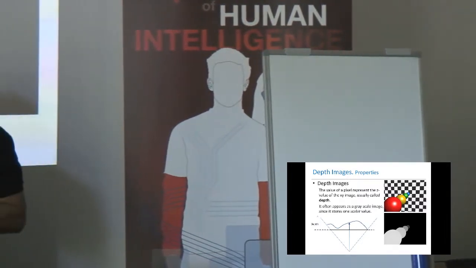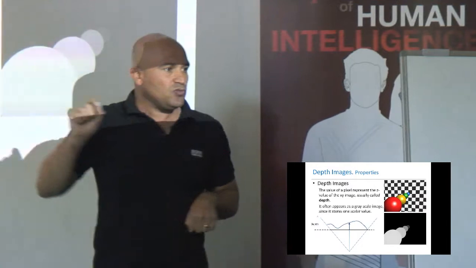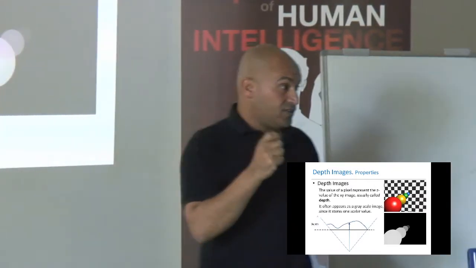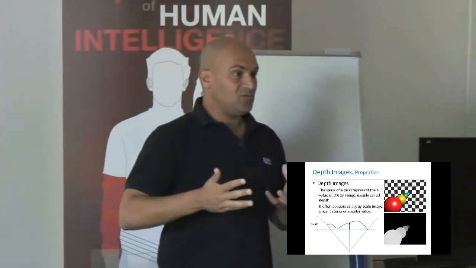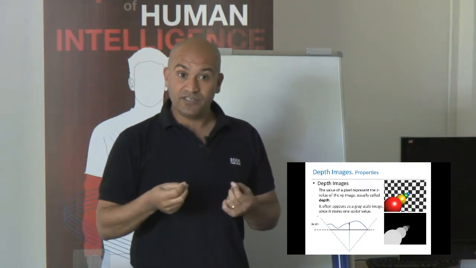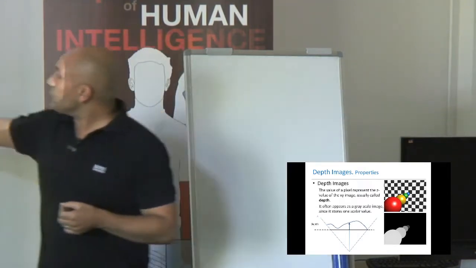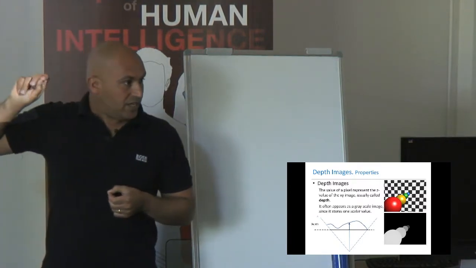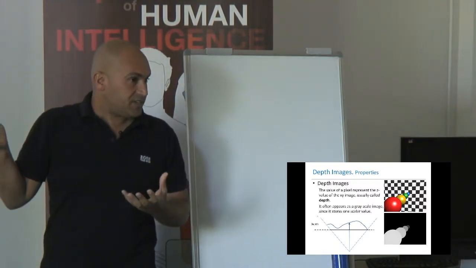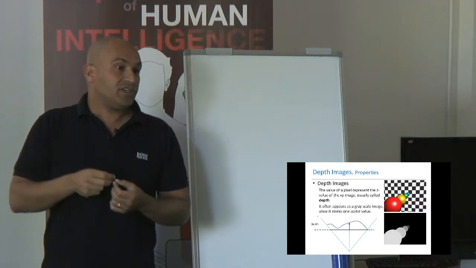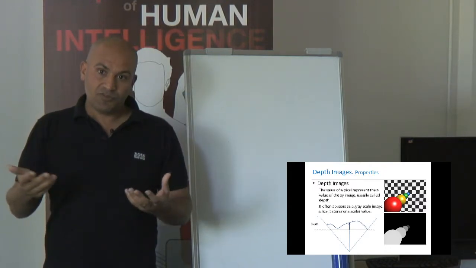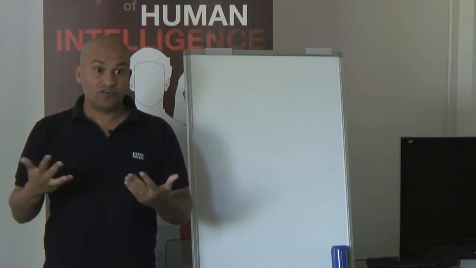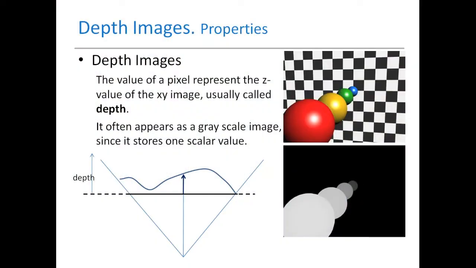For each pixel in the image, we record its depth. Instead of the color or the intensity, here we record the depth. So this is pretty much how the image will look. It's perceived as a grayscale image, where the gray value determines the depth. It could be 1 byte, 2 bytes, whatever the initial information you get. So this is one kind of depth image.